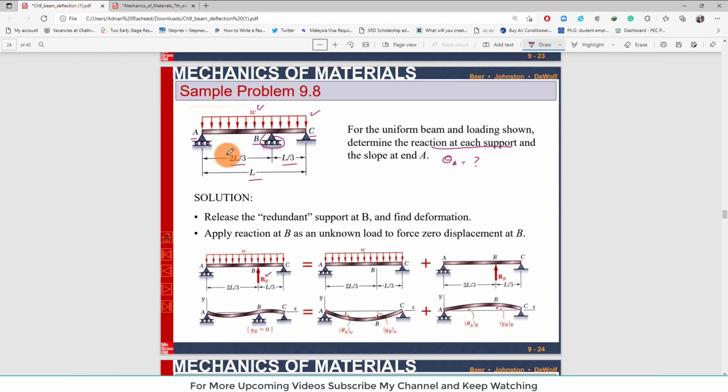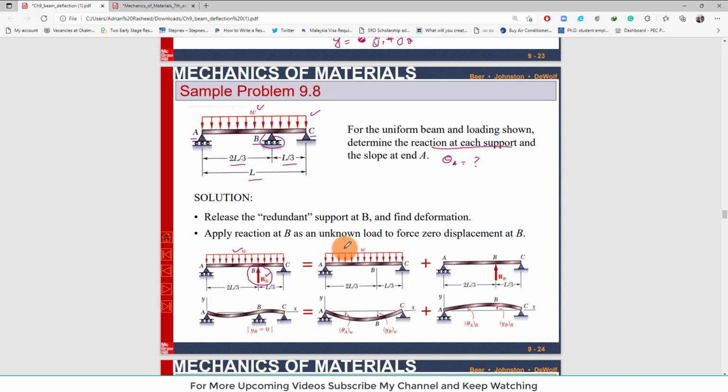So you can see there are reaction forces 1, 2, 3, and a uniformly distributed load. If we treat this load as redundant and remove it, it will be loading 1. Similarly, in case 2, if we treat this W as redundant and only represent this reaction force, our beam will be like this, and this is loading 2.